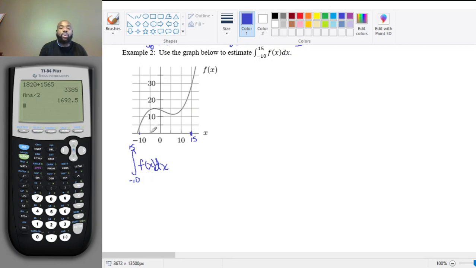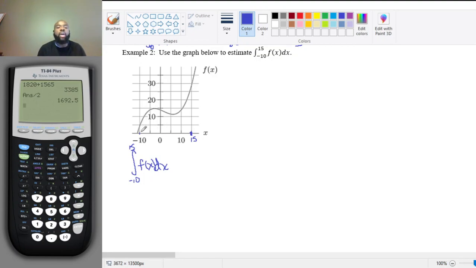So you can use these grids and estimate the total area by counting the squares in this graph. It can get difficult, and your approximation may be slightly different from what I'm going to do. But notice my x-axis is counting by 5s and my y-axis is counting by 5s. It's notated every 10th one, but they're counting by 5.